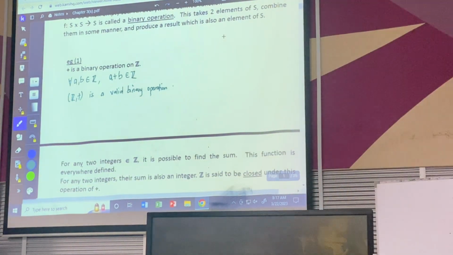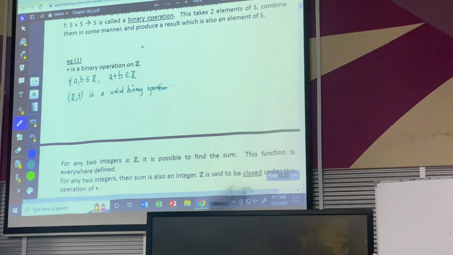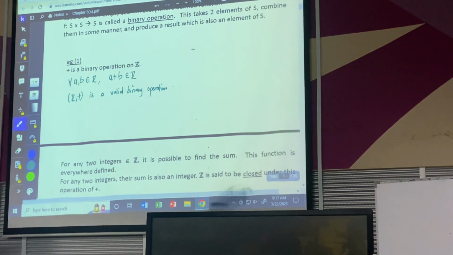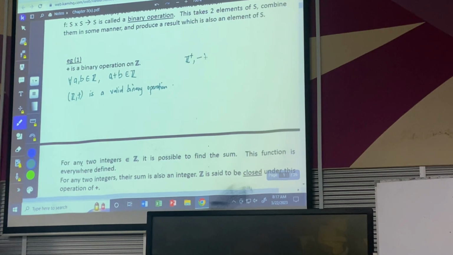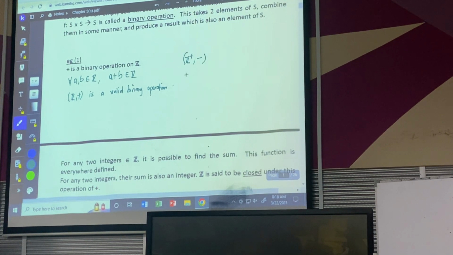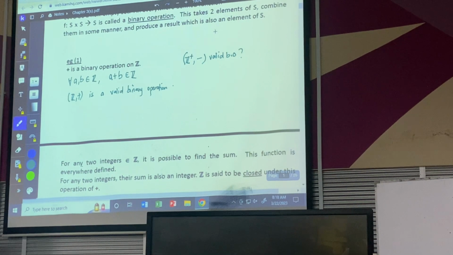Now, if I give you another operator, the positive integers with the operator minus, do you think this is a valid binary operation? Valid or not?